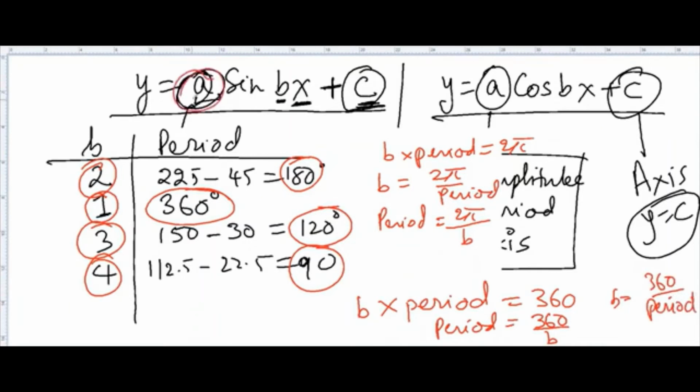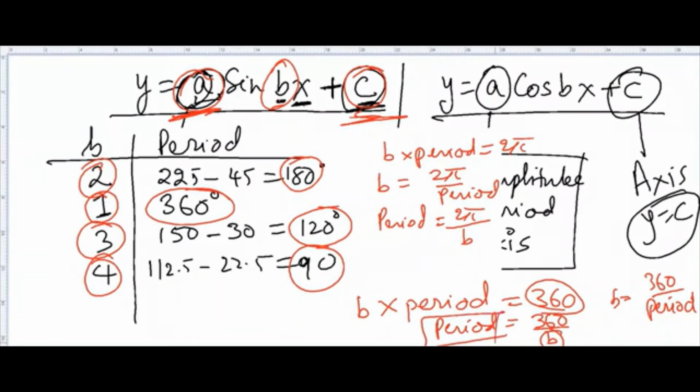In case of amplitude and C, straight away we had the values. Just write those values and this becomes your amplitude, this becomes your axis. But in period, whatever value we have in front of x, divide 360 by that value and you get your period.